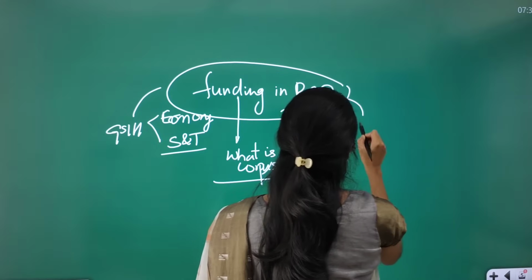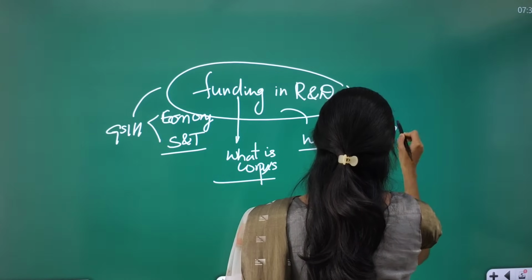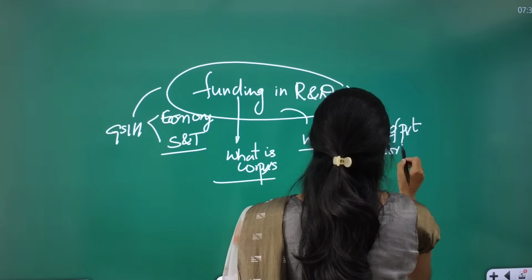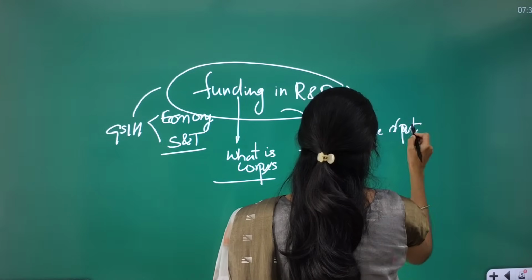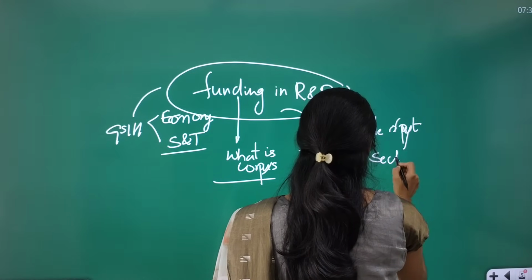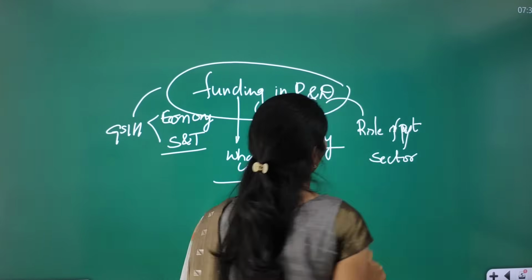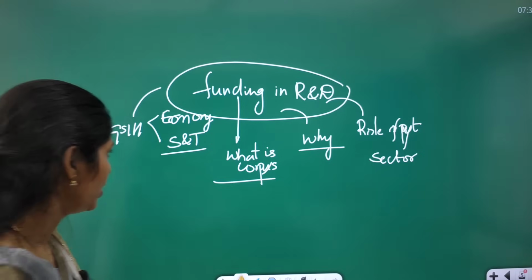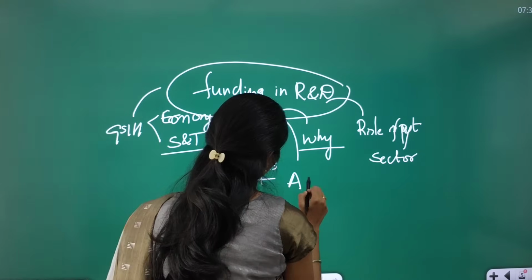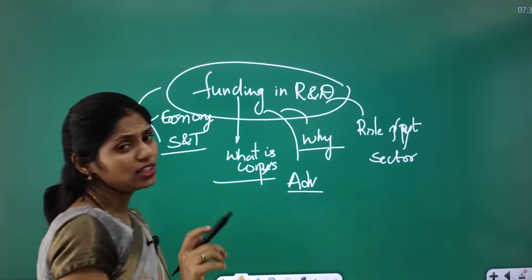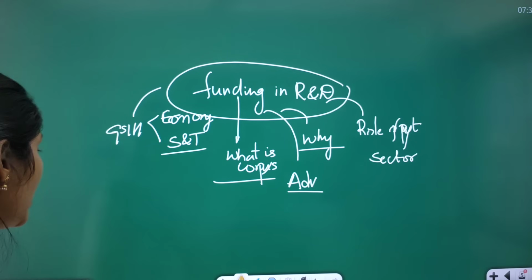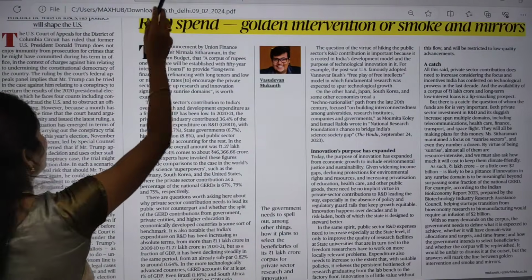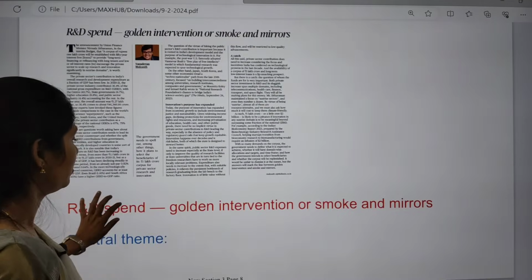So even you can think about the role of private sector, and why. What are the advantages? So all these are very, very important points regarding funding in this R&D. So now let us see the notes part.